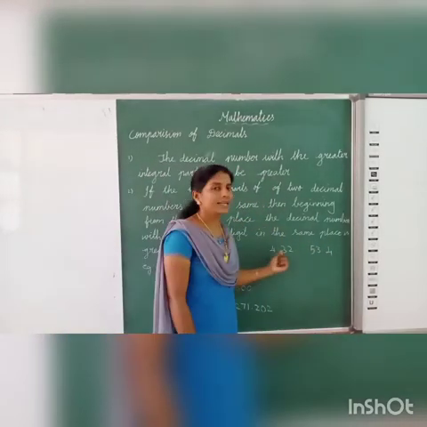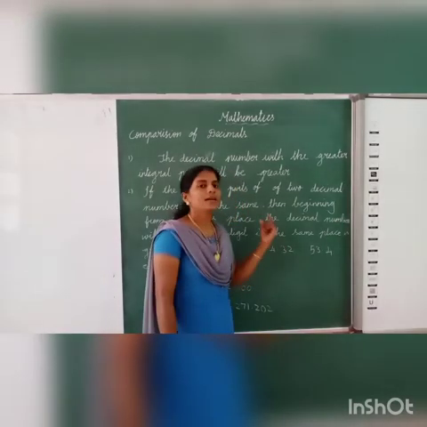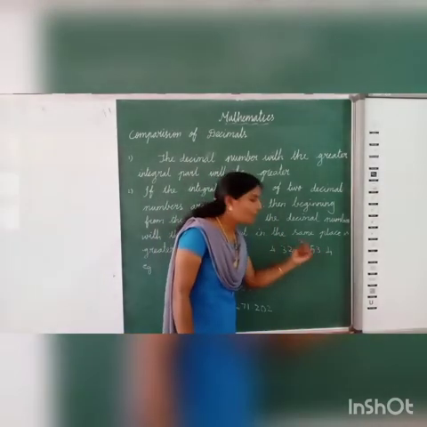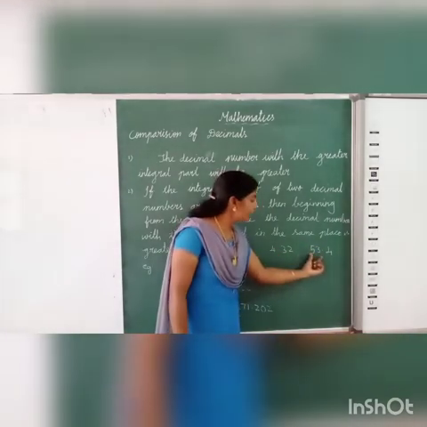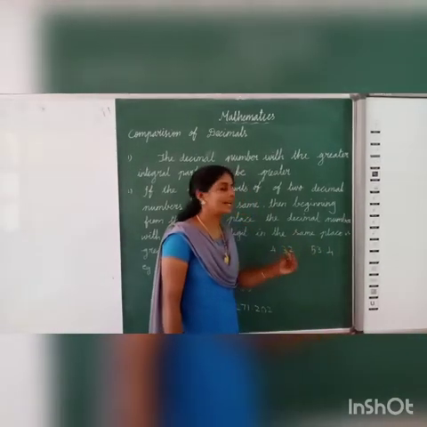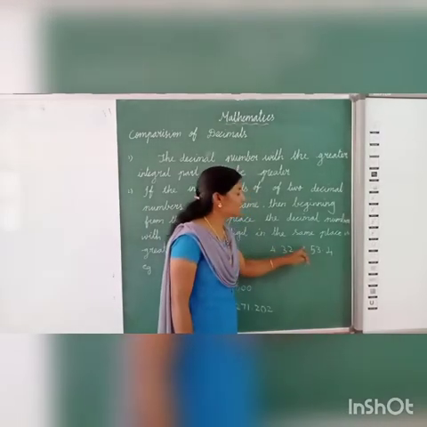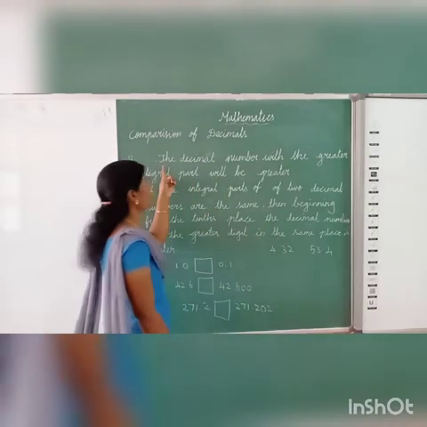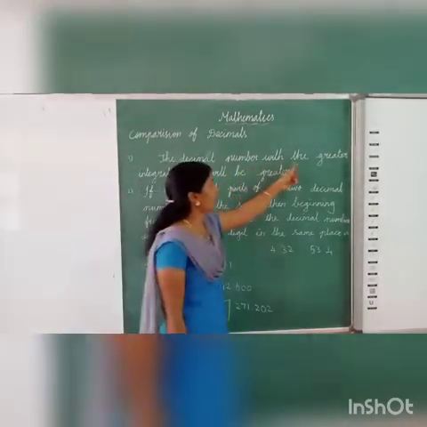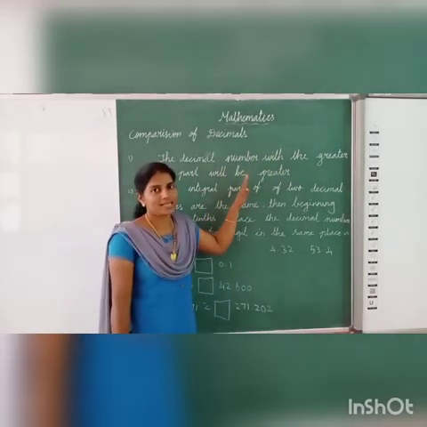Now here which is the integral part? Before the decimal point. Here before the decimal point 4. Here before the decimal point 53. 4 and 53. We can compare these two numbers, which is greater, 53. So we can say 53.4 is greater than 4.32. Okay, that is the first point. The decimal number with the greater integral part will be greater.